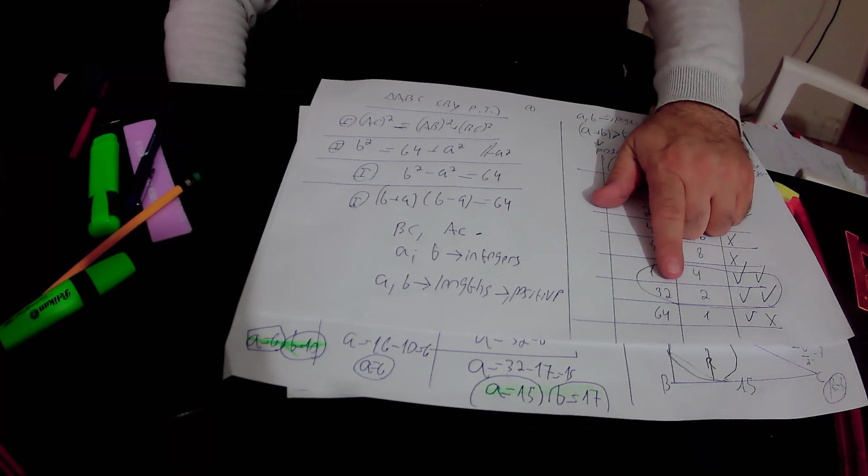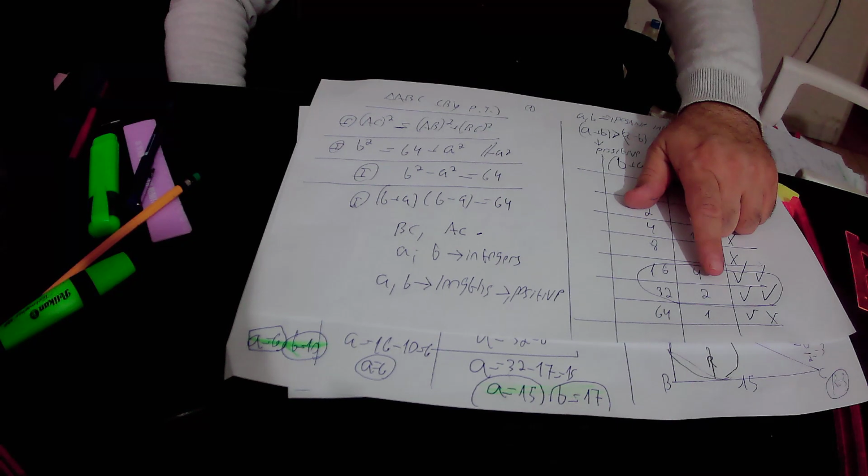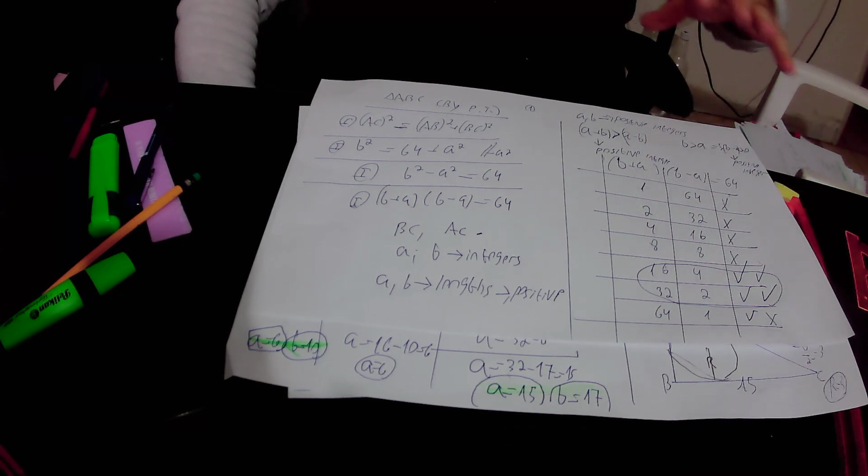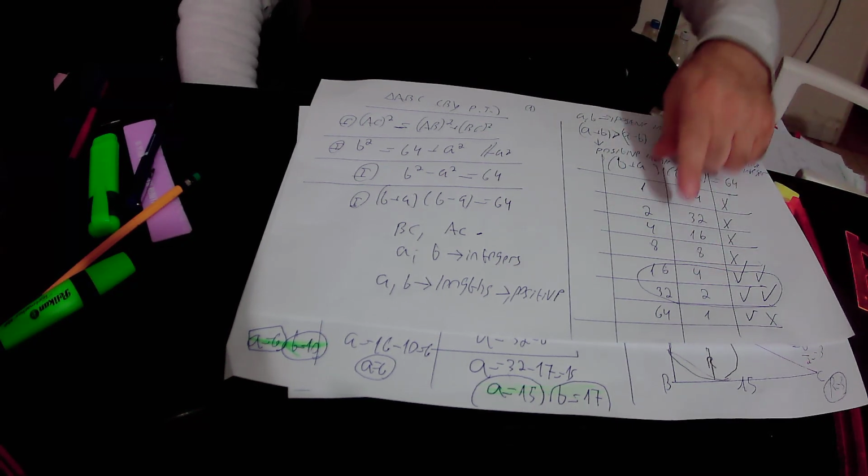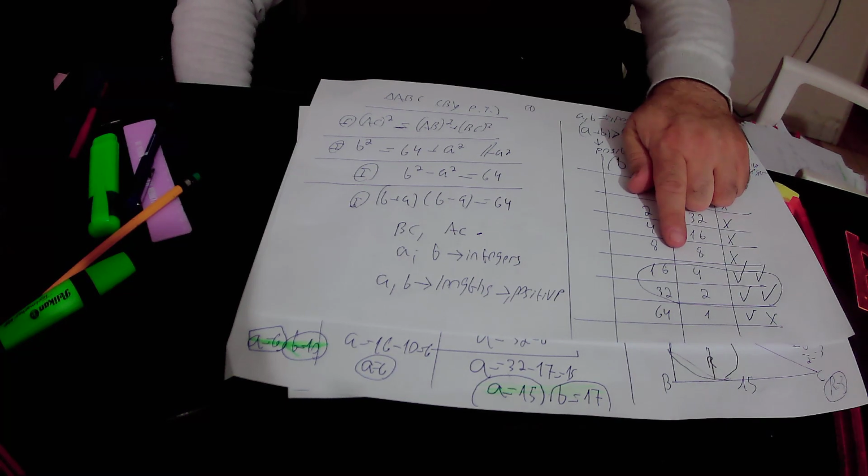But 64 plus 1 is 65, that is an odd number, that is to say it is not a good option. So we are left only with those two options.